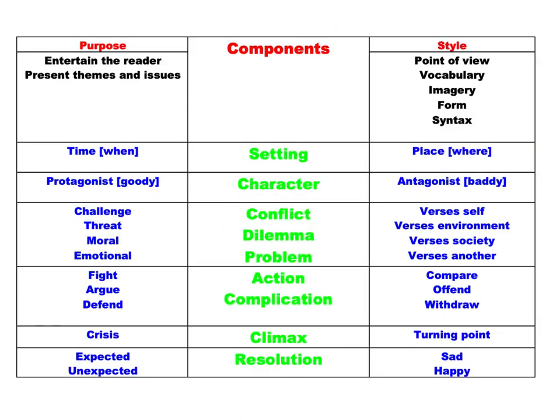This is a concise version of all the points you need to consider in a short story. It's another representation and more terminology that we'll be discussing through the short story. Pause and have a read of this slide. It'll give you some sense of where we're going and the concepts that we'll be discussing.